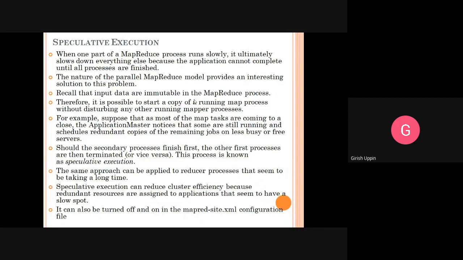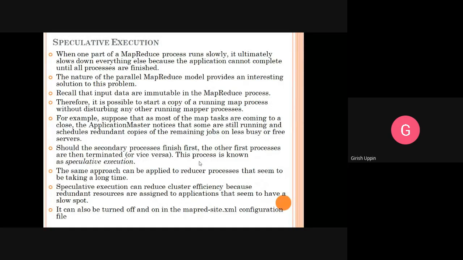If the application master notices that certain jobs are running slow while others are completing, it will make redundant copies of the same jobs and run them on some other nodes which are relatively free. Then, should the secondary process finish first, meaning the duplicate process, the output will be taken and the slower ones can be terminated.